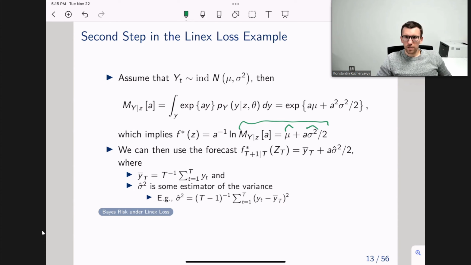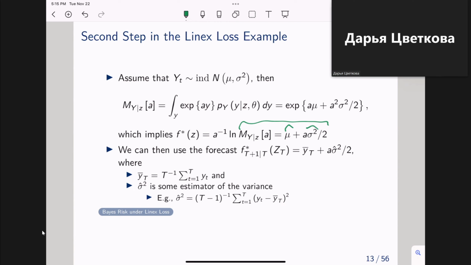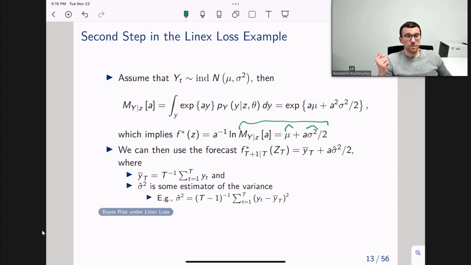So hopefully, as we go along, it will be either in tutorials or in lectures. I forgot where I included this example. But as we go along, we'll see a bit more of it. All right. And we should use the one consistent with the loss function, right? Ideally, but it depends on what you want to achieve.